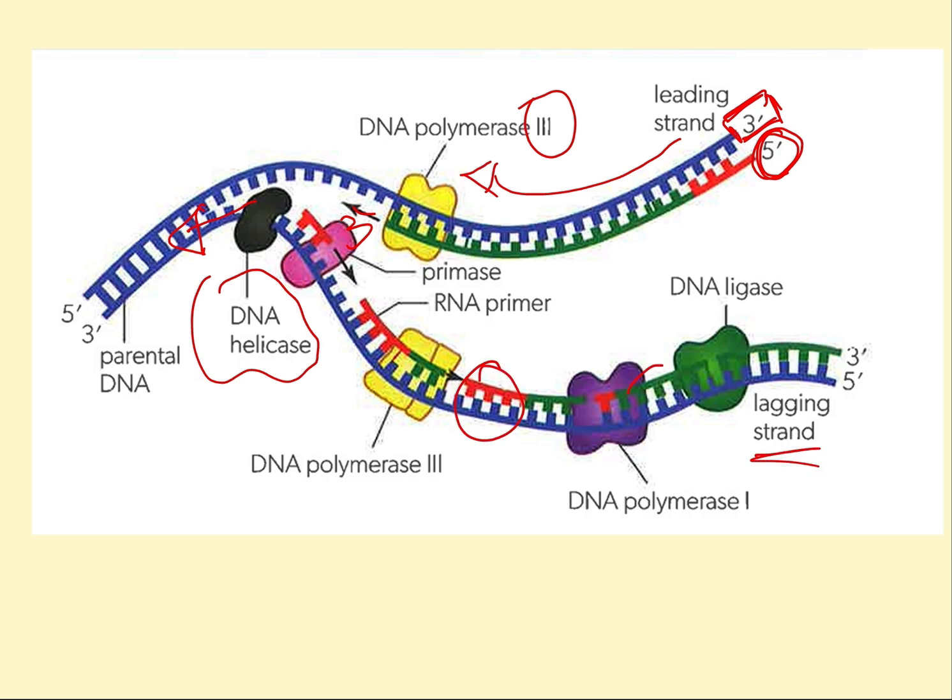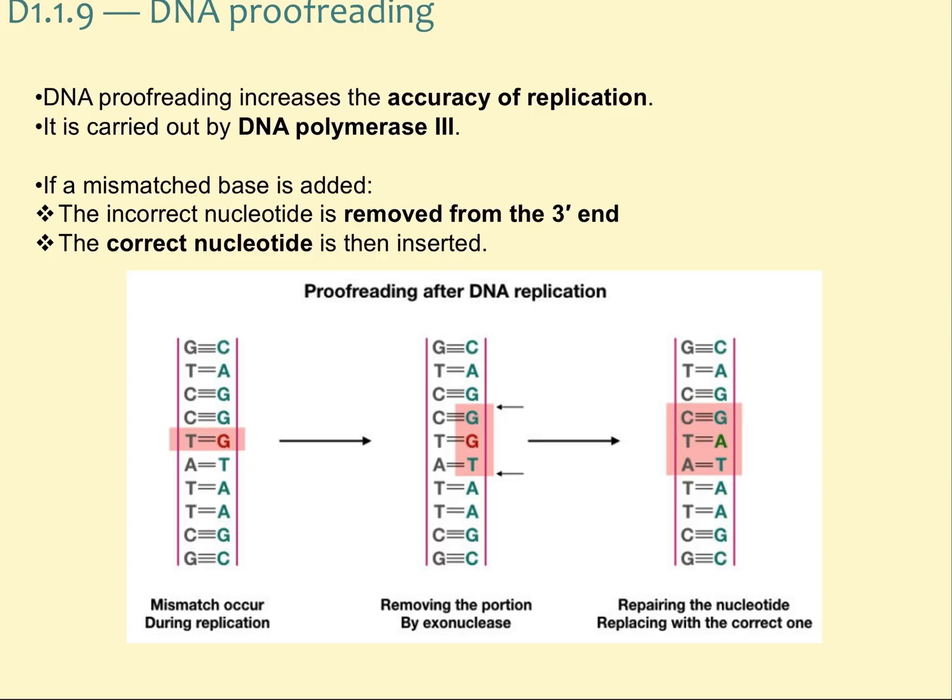Our Okazaki fragments are here. Our RNA primers label for DNA polymerase 3 to start after it, and here is DNA polymerase 1 removing the RNA primers and substituting them with DNA nucleotides, and here is the DNA ligase, okay, coming to seal it up and glue the two strands.